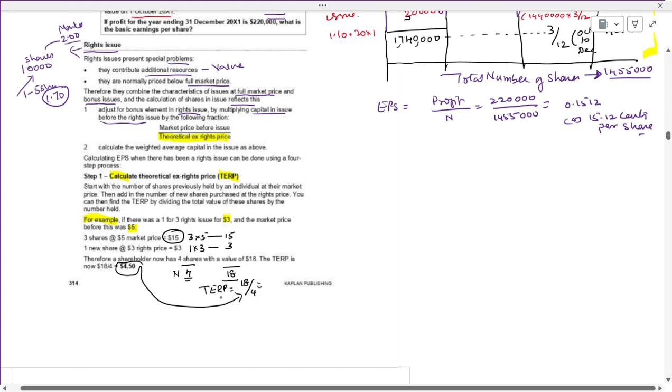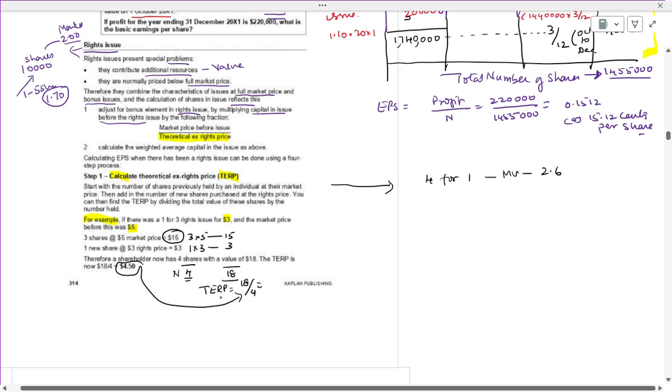Now I will give you an example. Say 4 for 1. The market value is 2.6.